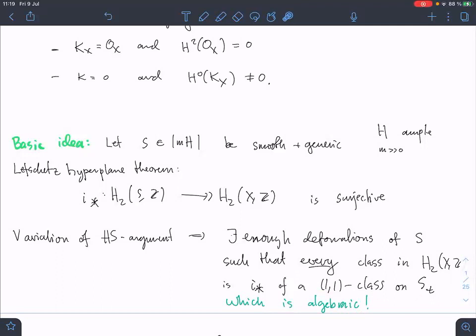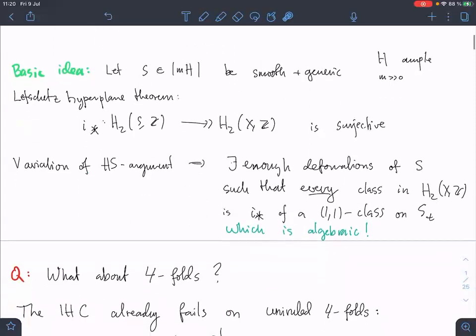So the whole paper is really just showing this statement, that this family of surfaces moves sufficiently much so that you get 1-1 classes and not just integral classes.